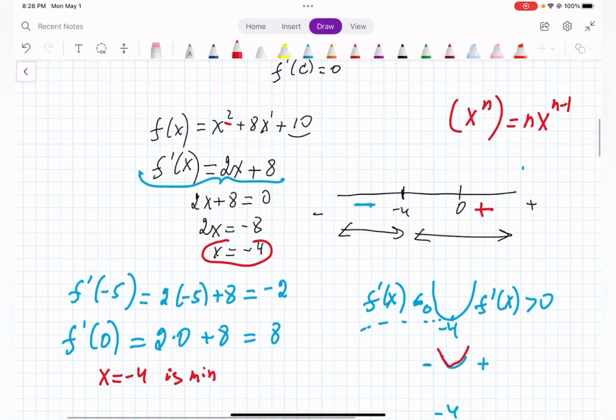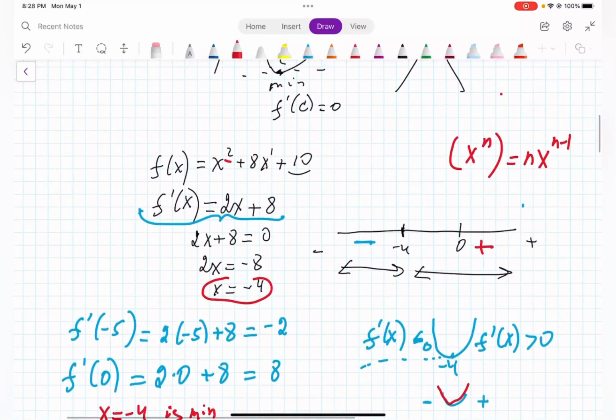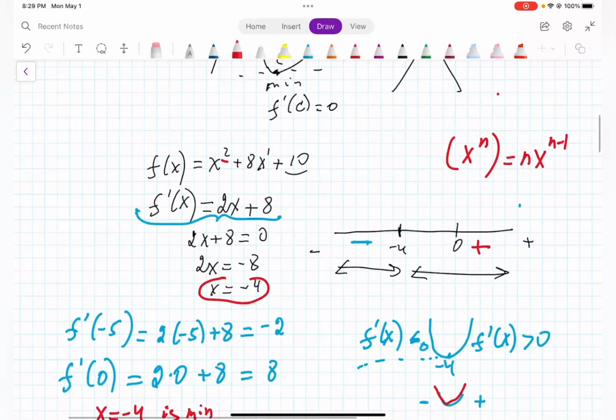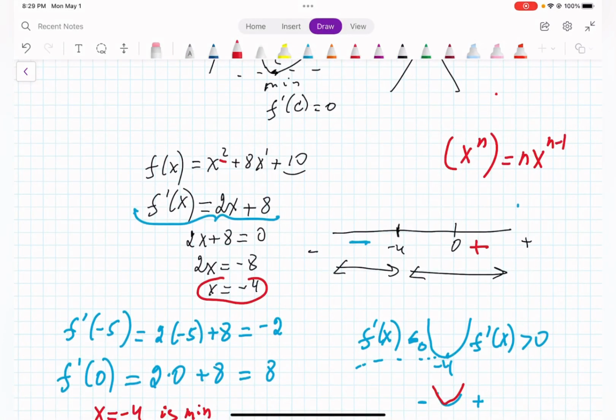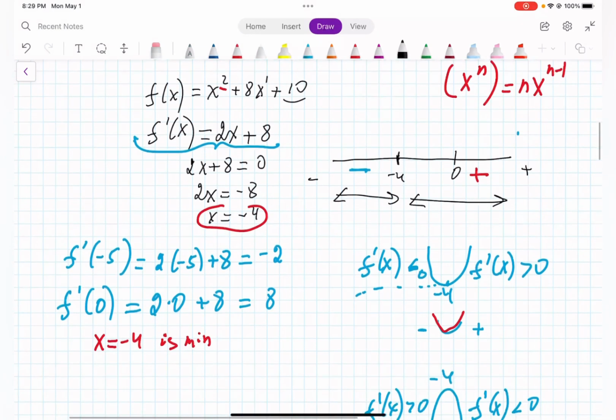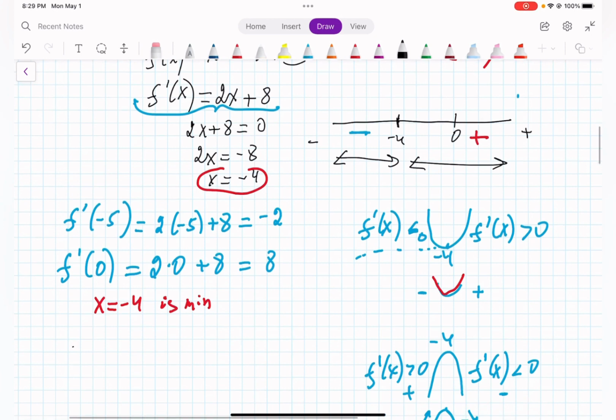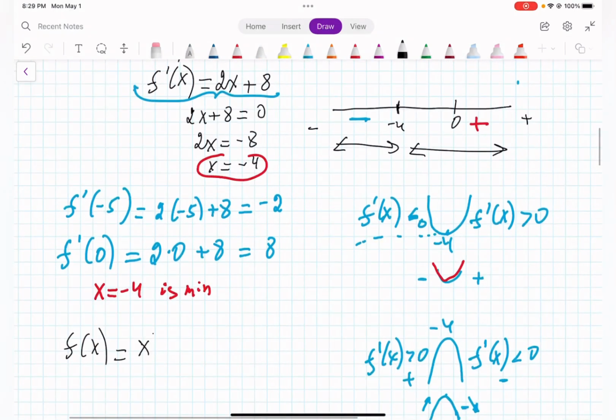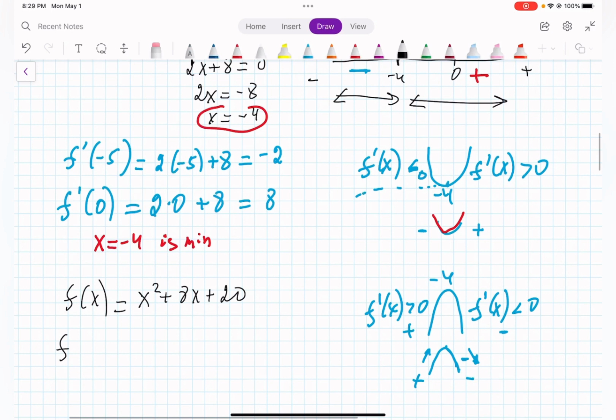For that, I'm going to plug my -4 into the original one, because the minimum and maximum we are finding from the original problem, right? So we have f of x equal to x squared plus 8x plus 20. I want to know how much y will be for -4.